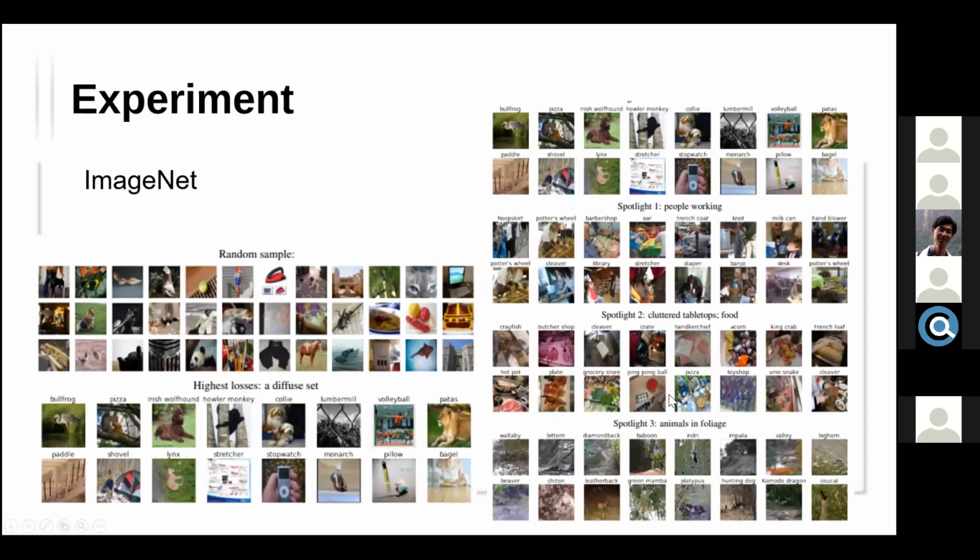Okay. The second example is the classification problem of ImageNet. Again, on the left we have some random samples and highest loss samples, and on the right is the result. In the first spotlight, they all involve people in the image. So maybe the network cannot perform well.